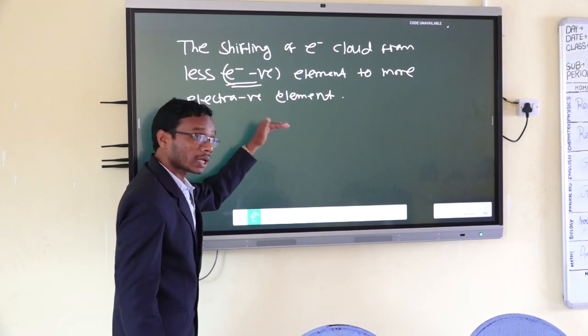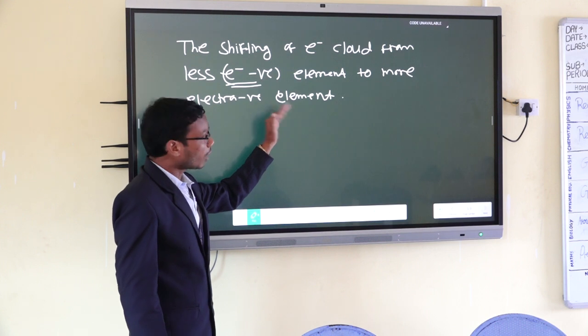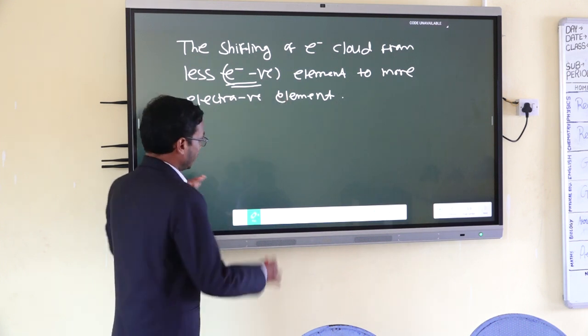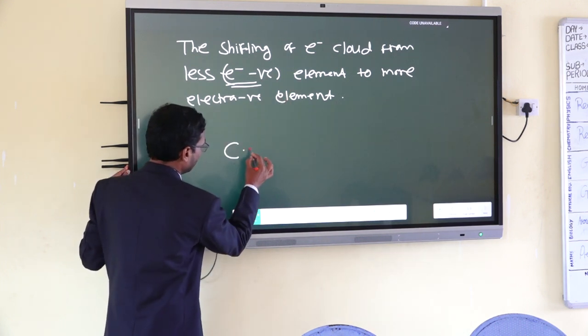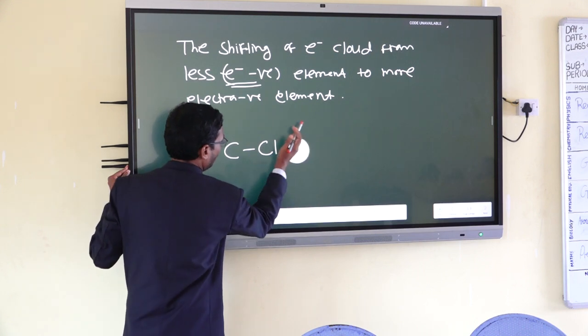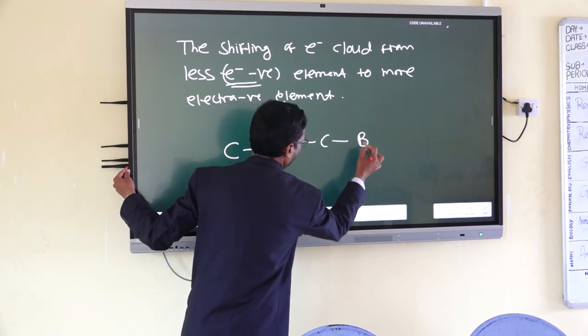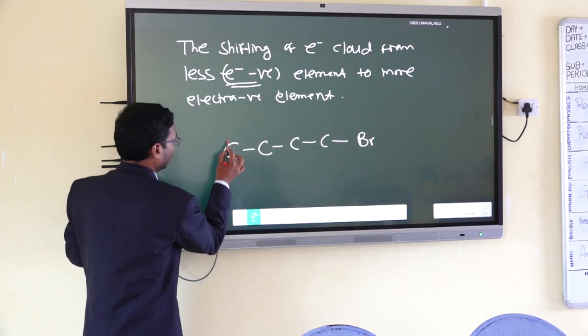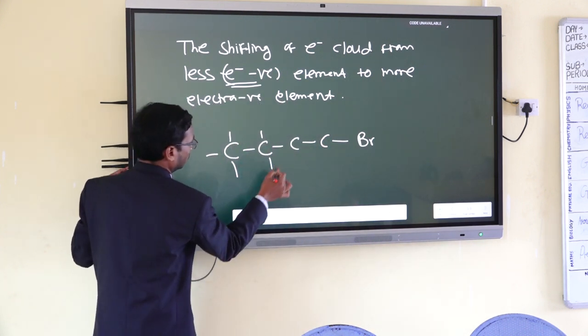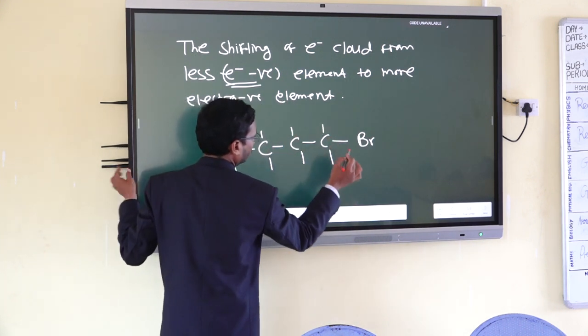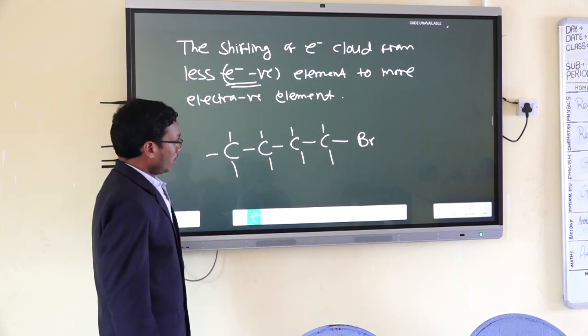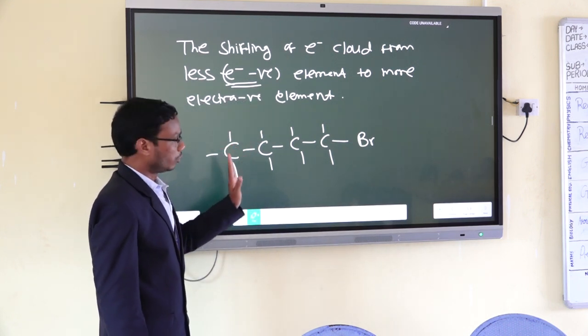Now come to the organic compound. What I have written first, that is C-C-Br. Understand clearly? This is bromobutane.